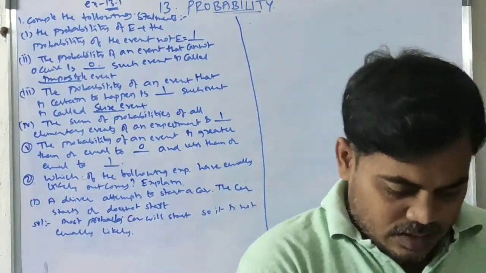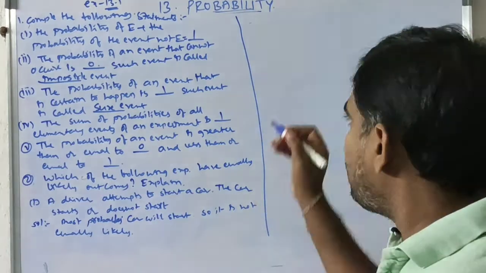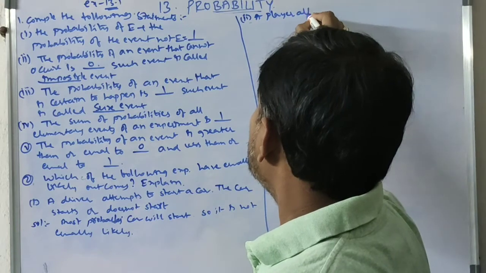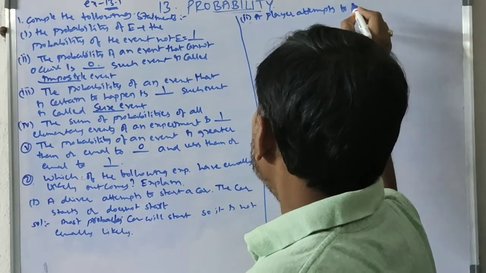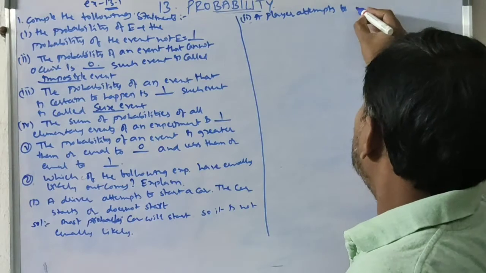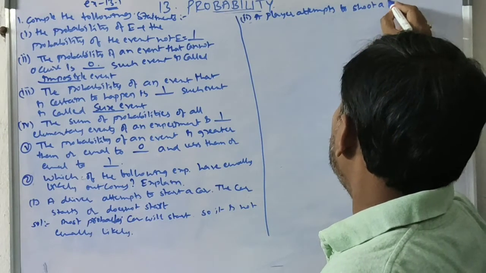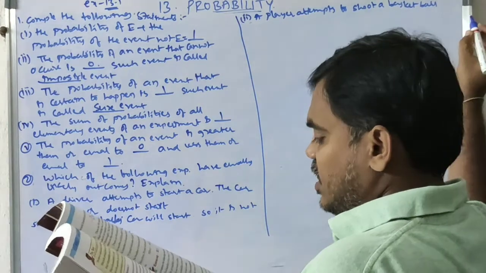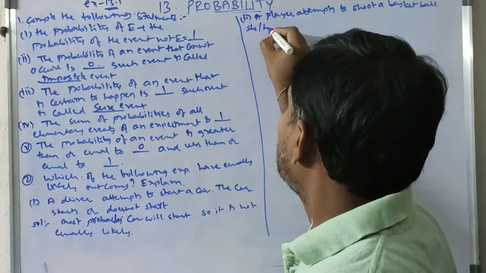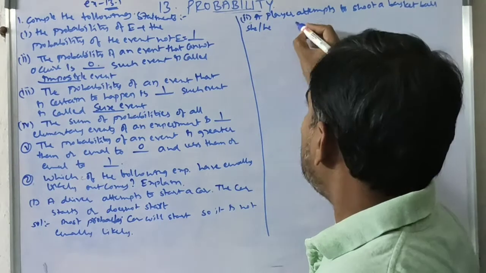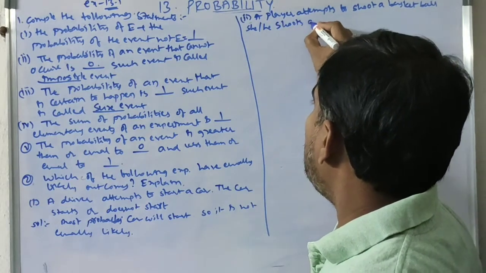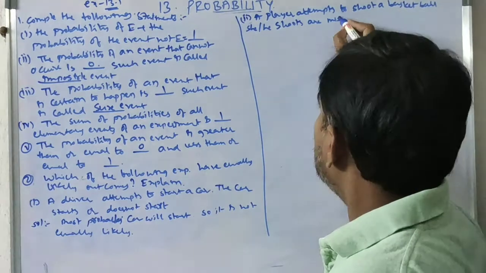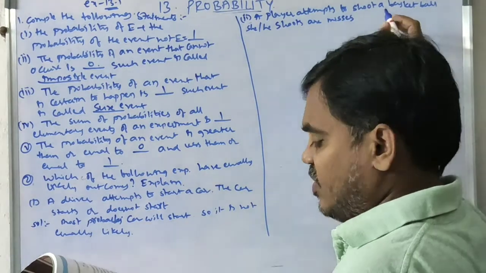Next, second: a player attempts to shoot a basketball. She or he shoots or misses the shot.